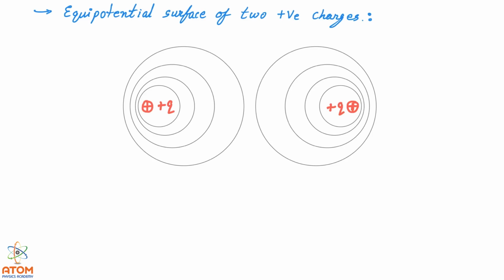So obviously they both will have repulsive force, but you can see here also the equipotential surfaces are not concentric. It appears like these equipotential surfaces are attracting each other inside. Don't forget, this is equipotential surface which is just imaginary. There is no attraction and repulsion type of thing.